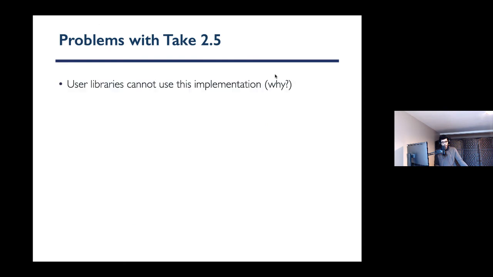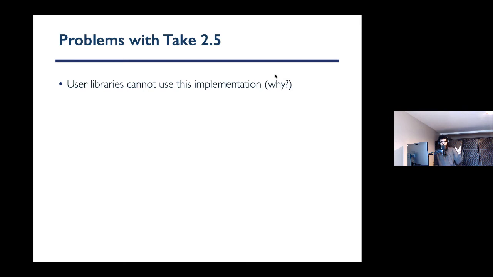Okay, so what are the problems with this take? The main problem is that this is an implementation only fitted for the operating system. So this lock could only be implemented by the operating system. The reason is that it executes enable interrupts and disable interrupts in the lock and unlock functions.